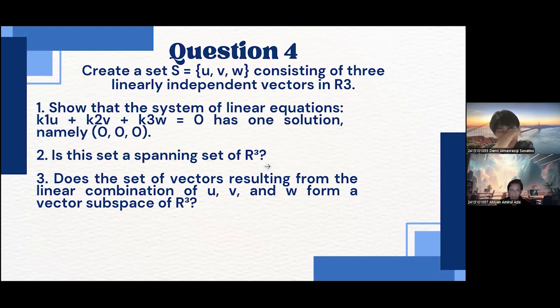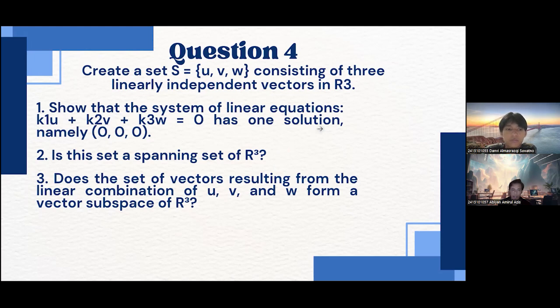First, show that the system of linear equations k1U plus k2V plus k3W equals 0 has only one solution, which is the trivial one, namely 0, 0, 0.